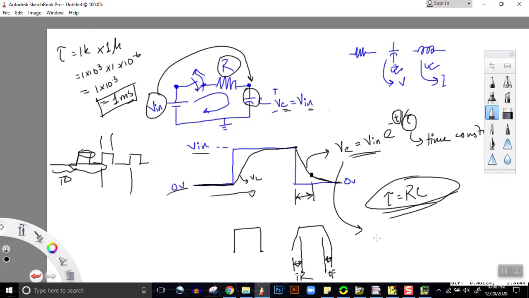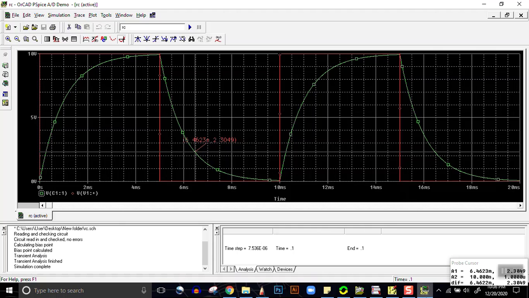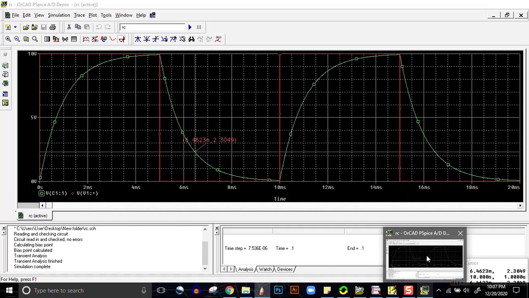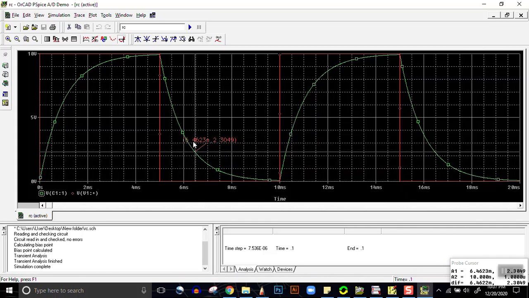Vc, if you look at the graph, is equal to 2.3049, which is equal to V in, our 10 volts, times e to the power minus t over tau. Now what is the value of t? It would be 6.4623 milli minus 5 milli. Why minus 5 milli? Because it starts to decrease from 5 milliseconds onwards.